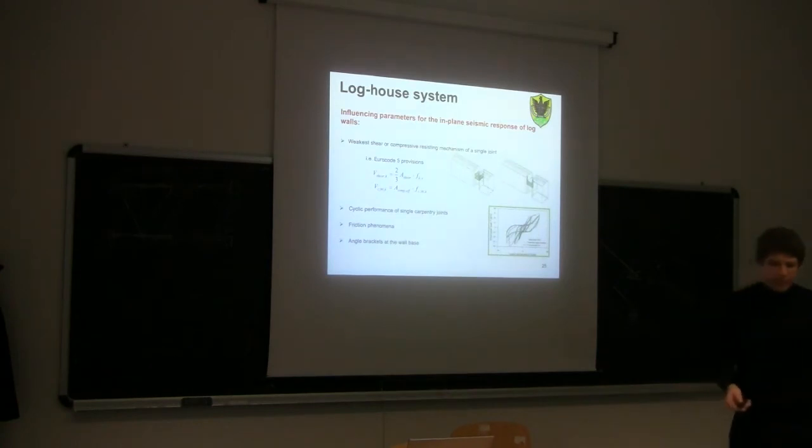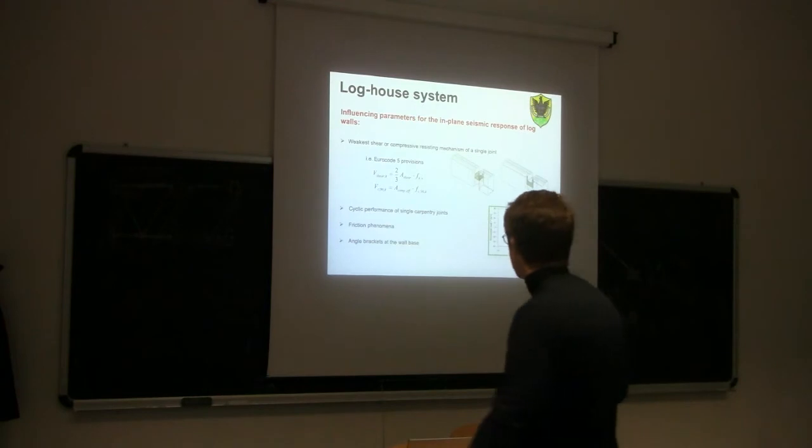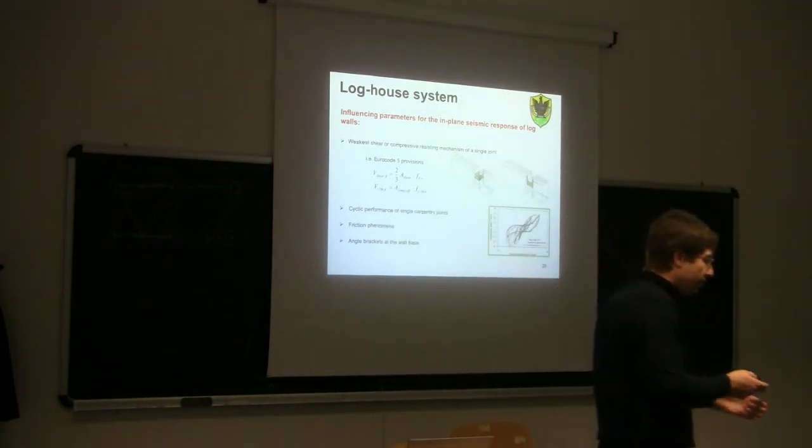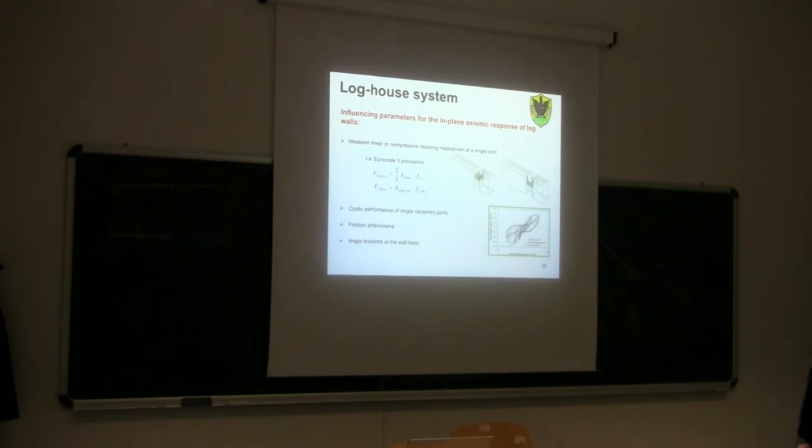In terms of resistance, the resistance mechanism here is basically provided within the joint between perpendicular walls. Suppose that you have one wall and one perpendicular wall, and the perpendicular wall, because of the earthquake, is being pushed in this direction.